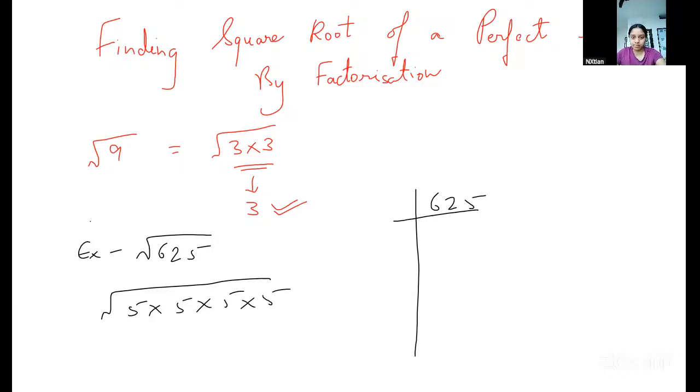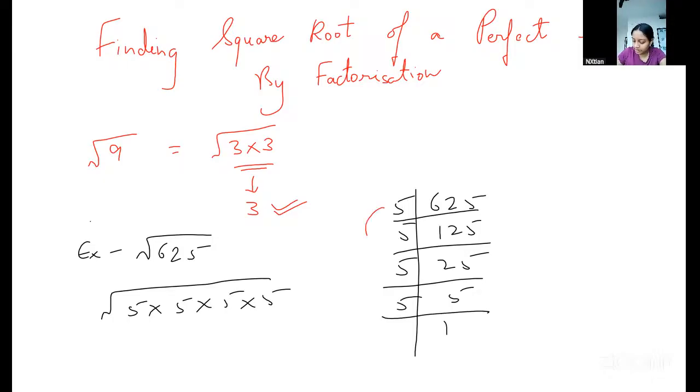So what do we do now? 5, 125, 5. That's going to give us 25, 5, 5s and 5 ones. So these fives we are getting. So we write them like this.